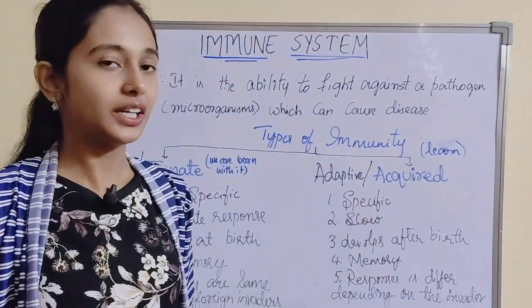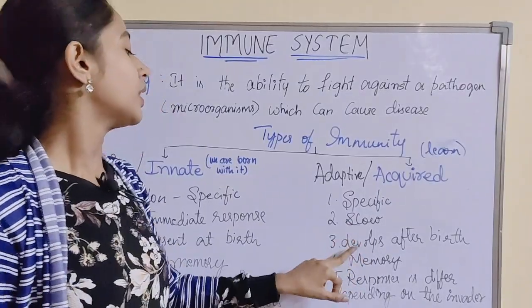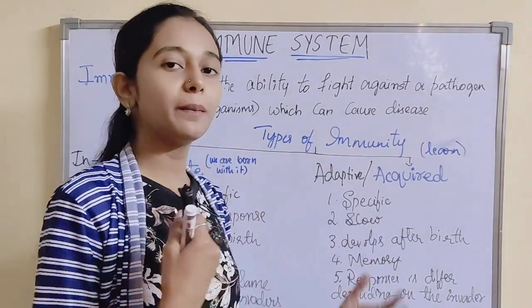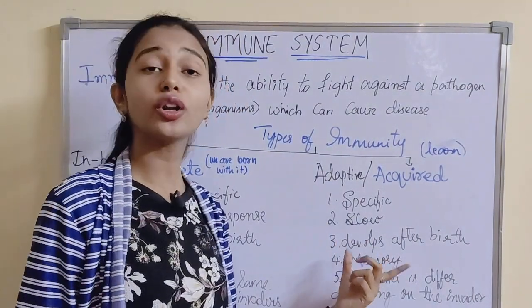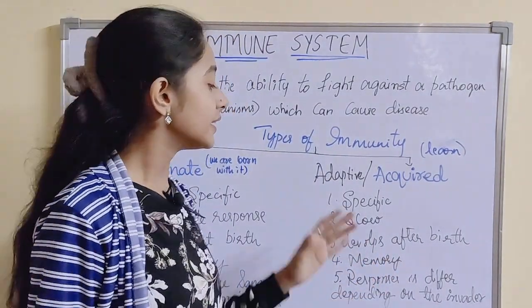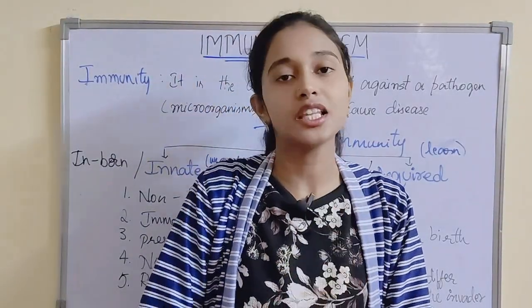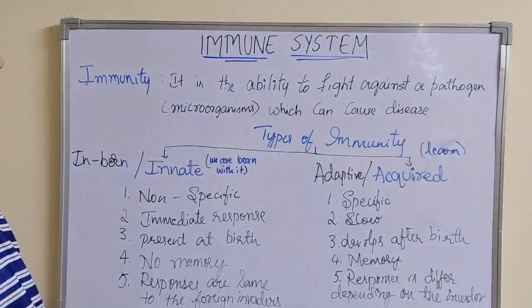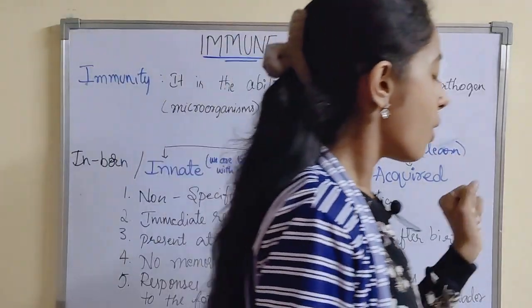Whereas adaptive immunity is a specific immunity and the response is slow, develops after birth. We develop it over a period of time and it keeps the memory of the pathogen, and then the responses are different for every single pathogen. It is highly specific. Okay, so this is about characteristics of innate immunity and adaptive immunity.